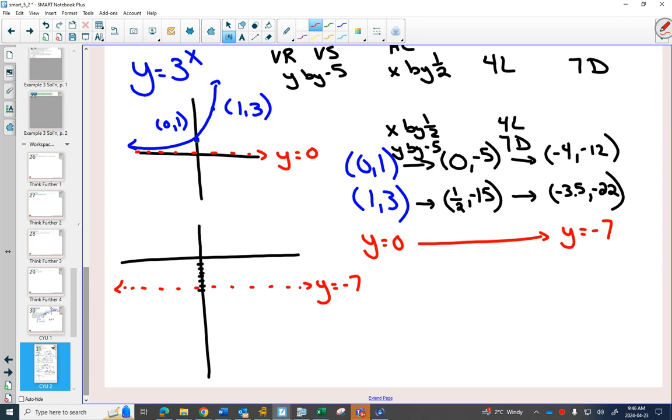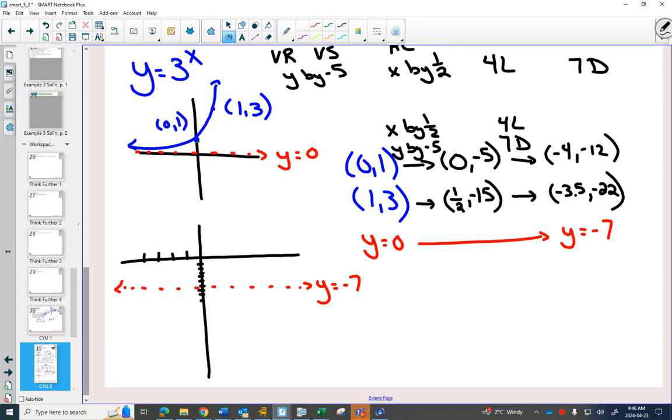Y equals negative 7. And you notice that as I'm thinking about this, look how tiny I made my scale on my y-axis. Why did I do that? Because I knew that I'd have to go down to minus 22.